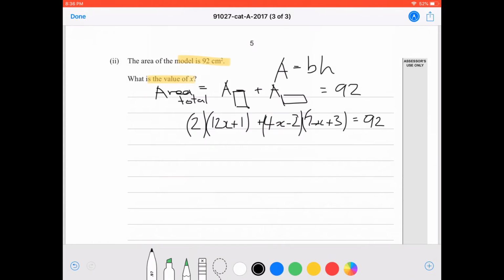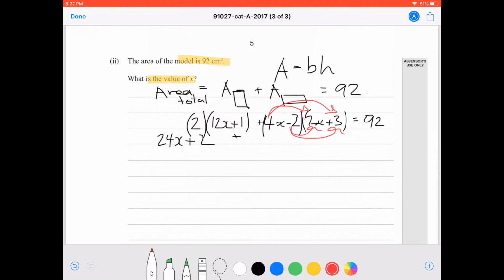So, expanding our brackets, we've got 24x, because 2 times 12x is 24x, plus 2 times 1, of course, and plus, and obviously when I talk about expanding brackets, that's using the FOIL method, so first, outer, inner, last.